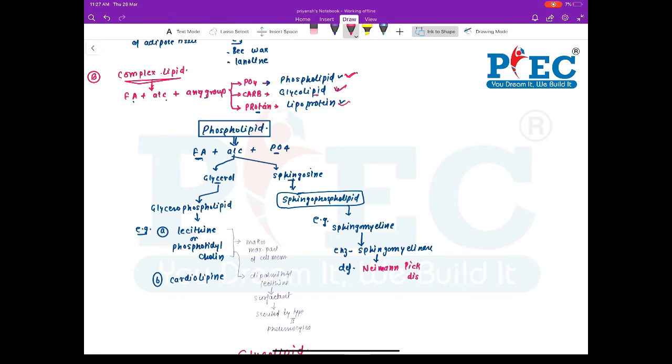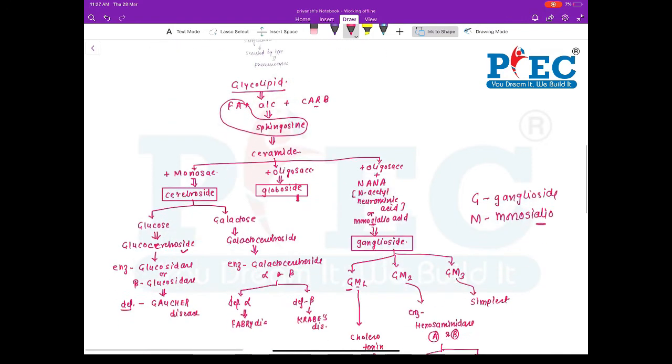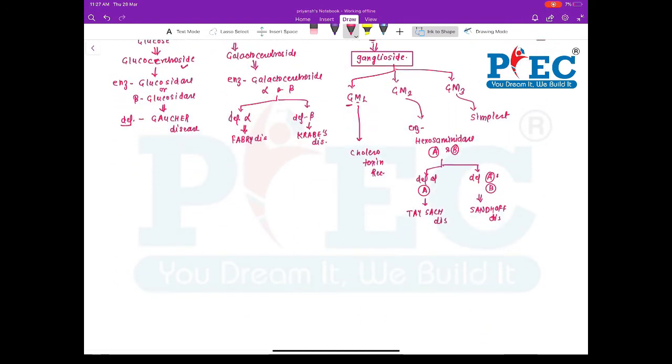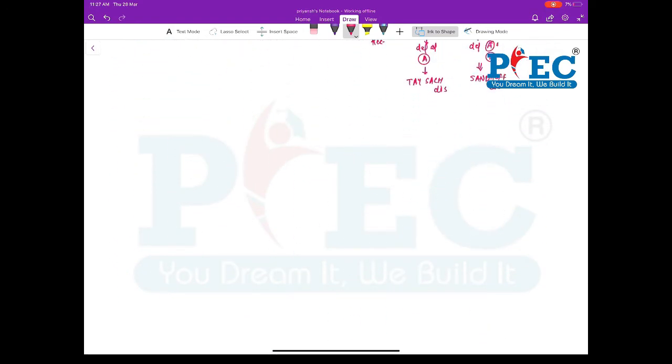Now going to the third example, that is lipoprotein. The basic constituent of lipoprotein will be fatty acid plus alcohol plus protein.